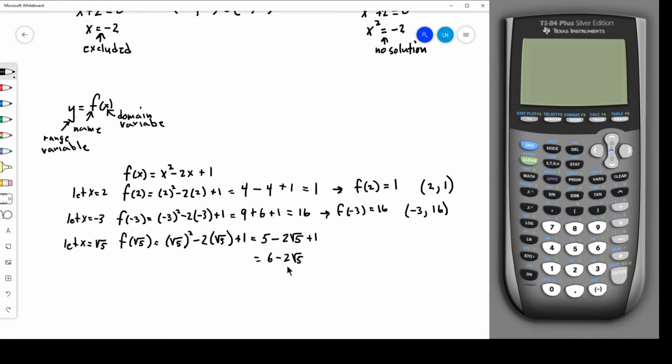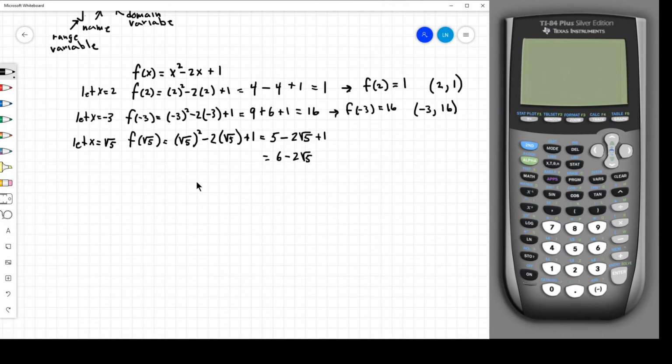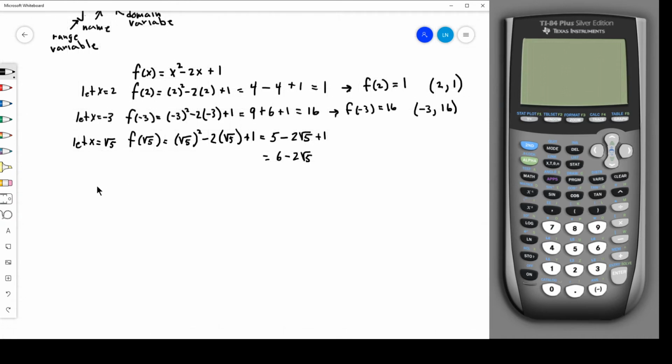All right, now, so far I've only plugged in numbers, okay? I don't have to only plug in numbers. Maybe I need to make a change of variable. So maybe I want to let x equal w. Maybe I need my variable to be w.